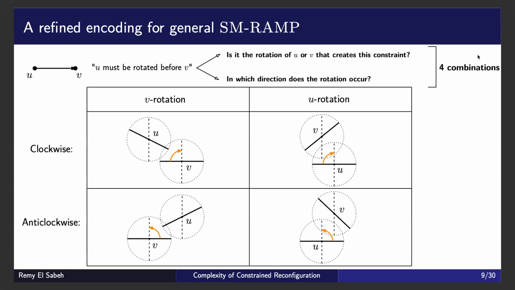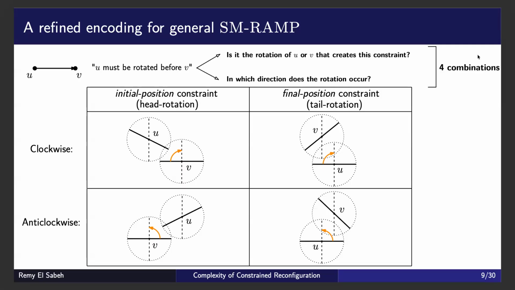So we rename these and we call them initial position constraint and final position constraint. And when we say head rotation and tail rotation, that is just V and U, right? So V is the head of this arc. So we just call this a head rotation, or a constraint that shows up because of a choice of rotating the head of the arc. And the other side would be a tail rotation.